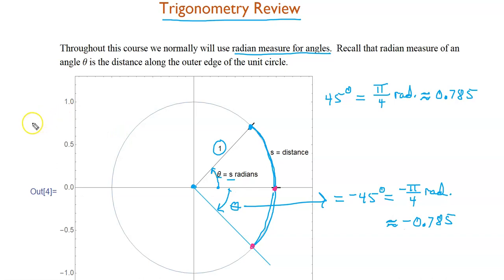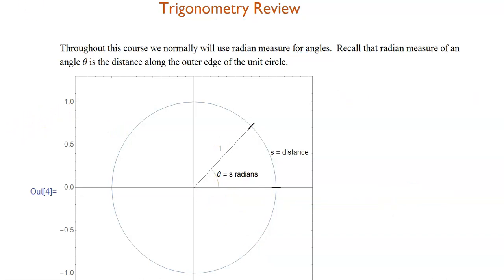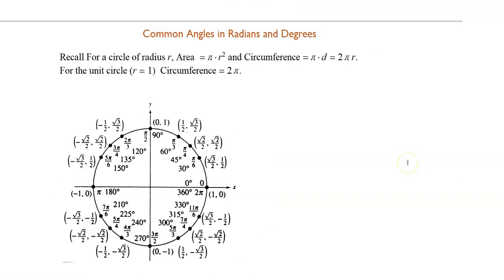Now let's review some common angles that we'll be using throughout this course. Let's recall that the area of a circle of radius r is pi r squared. We need to know that. And the circumference of a circle, the distance along the outer edge, is pi times diameter.